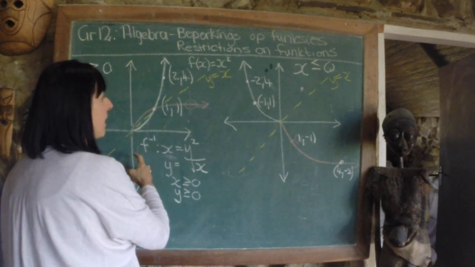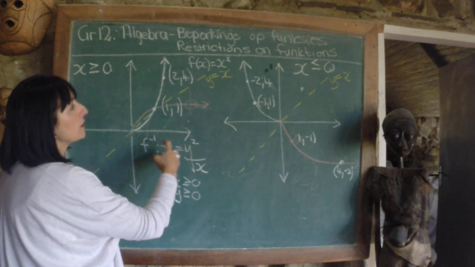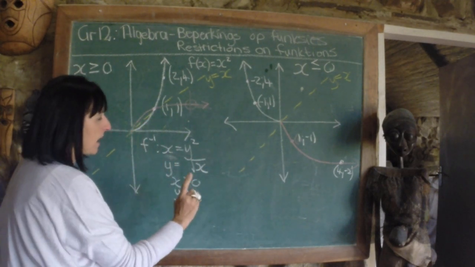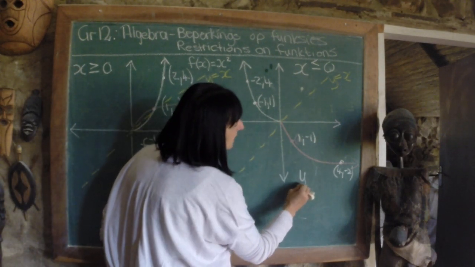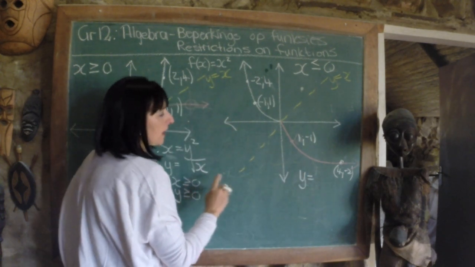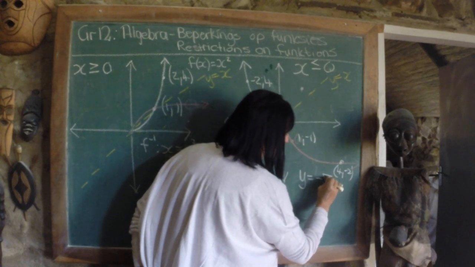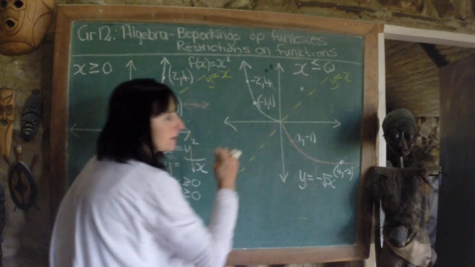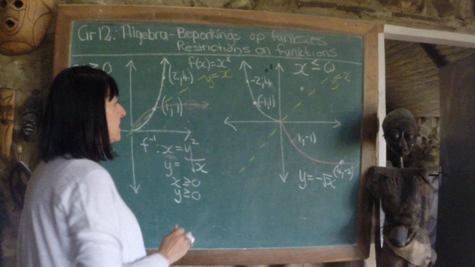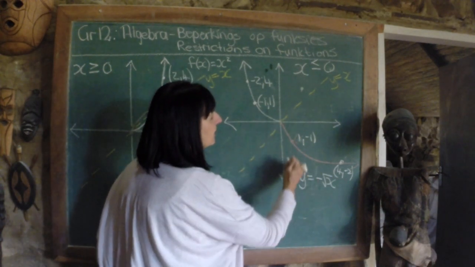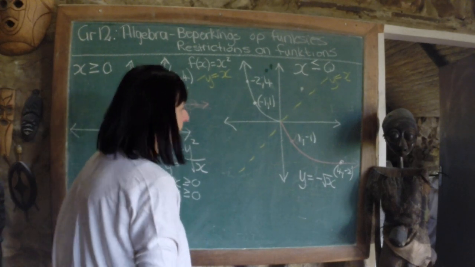Now, again, I determine the name of the inverse function over here by doing the same, but now, instead of y equals plus the root of x, it's now y equals minus the root of x, because it's on the negative side of the y-axis. Dus nou y is gelyk aan minus wortel x, want hy is op die negatiewe kant van die y-as.